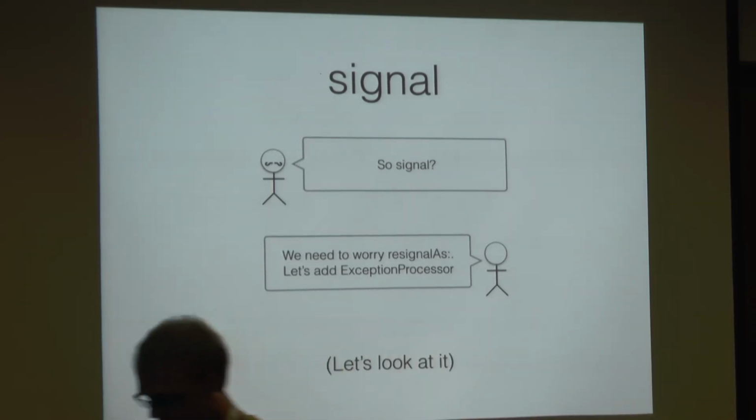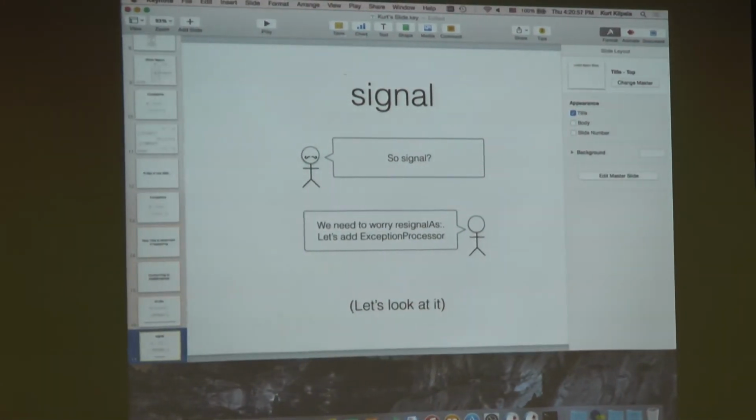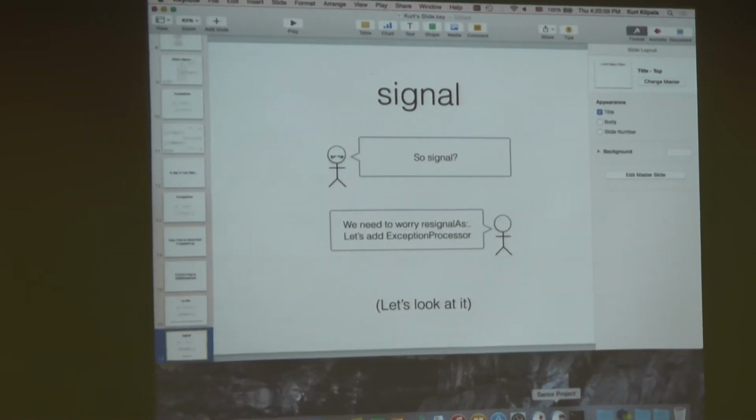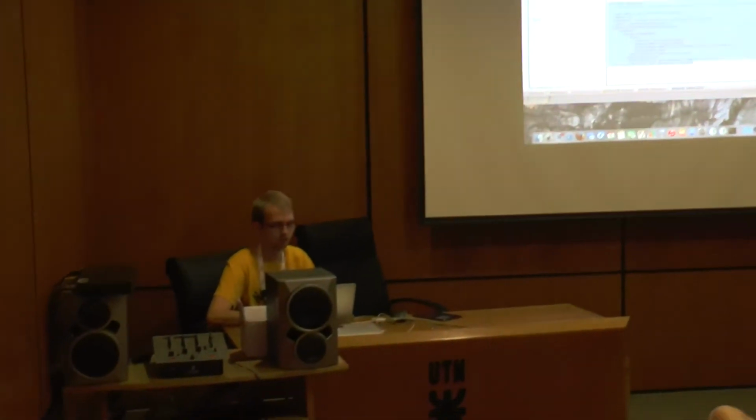So I added this exception processor. So there's non-local return. Ignore that for a moment. When we do a signal, I'll zoom in. If we're already active, let's throw an exception. Otherwise, let's have an exception processor process us.